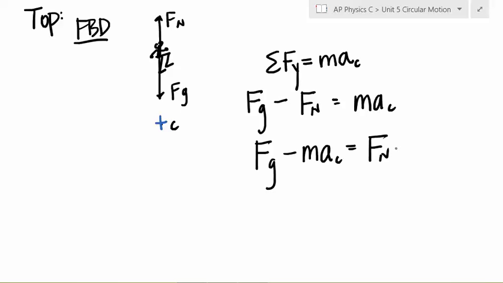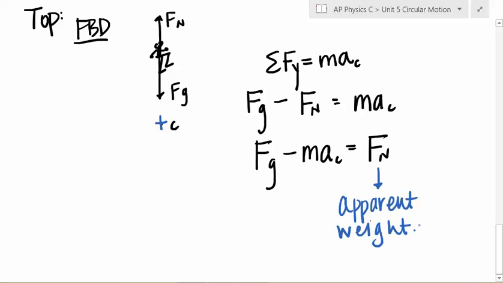You feel lighter, maybe weightless if you come all the way off the seat. So this normal force here is your apparent weight. Remember, your mass doesn't change, but your weight can change depending on what planet you're on and things like that. So your apparent weight can be different.